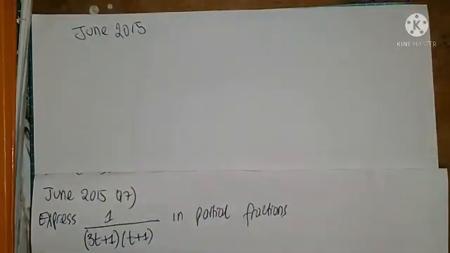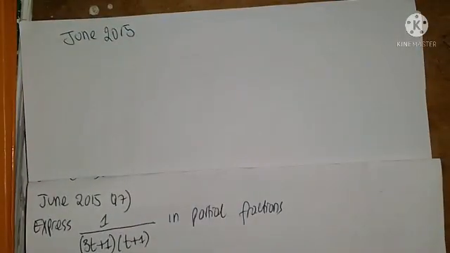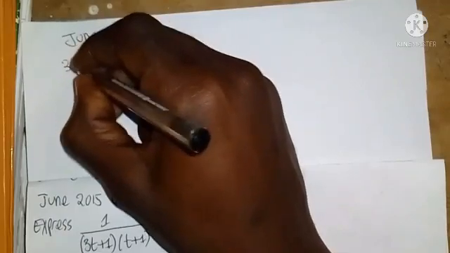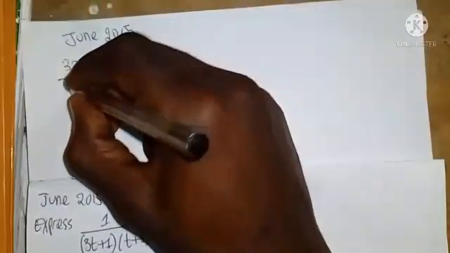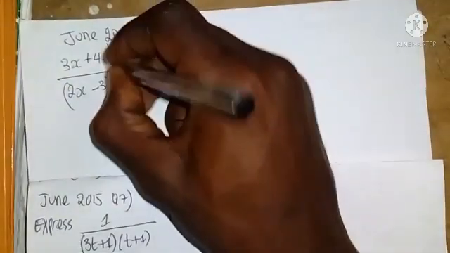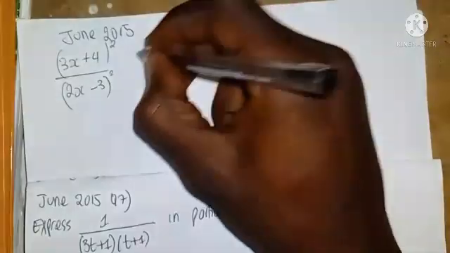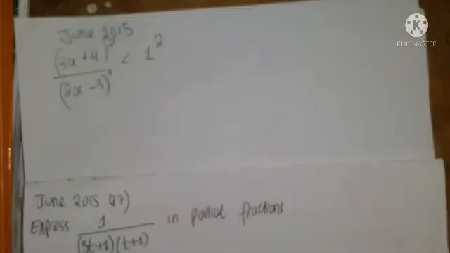So approaching this problem, squaring both sides to get rid of the absolute sign, we have (3x + 4) divided by (2x - 3), all squared, is less than 1 squared.